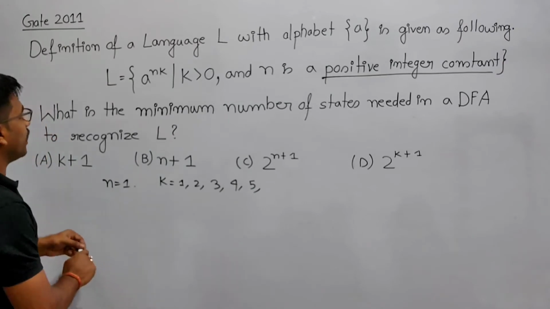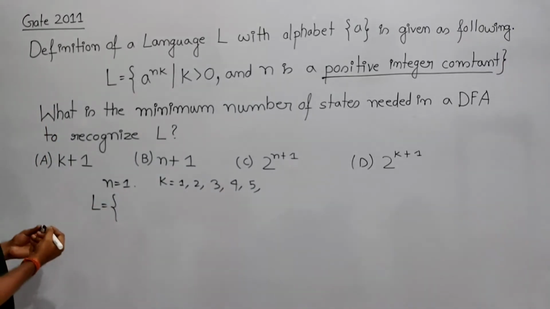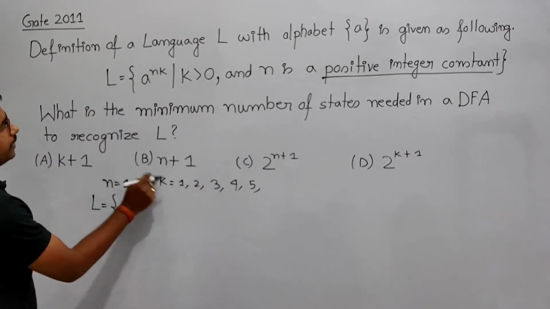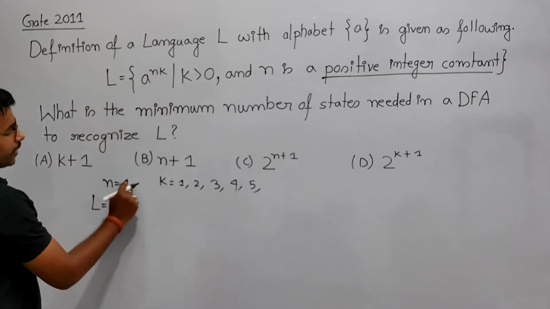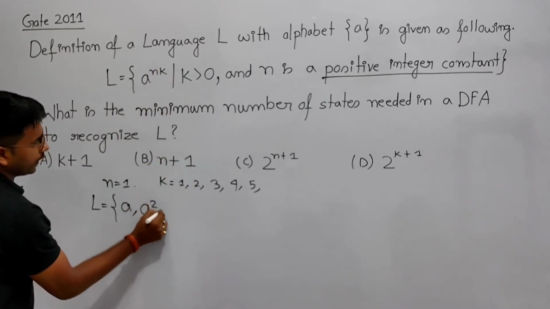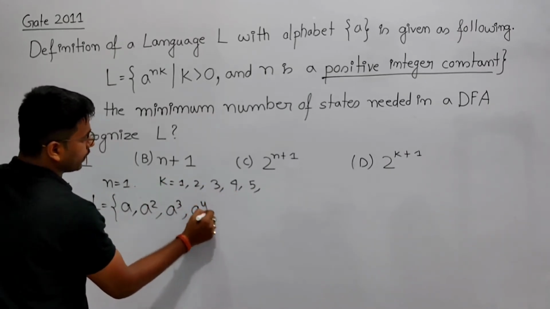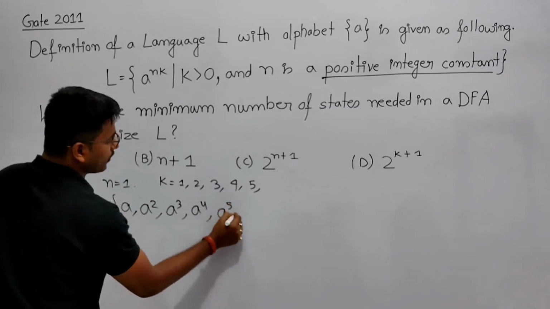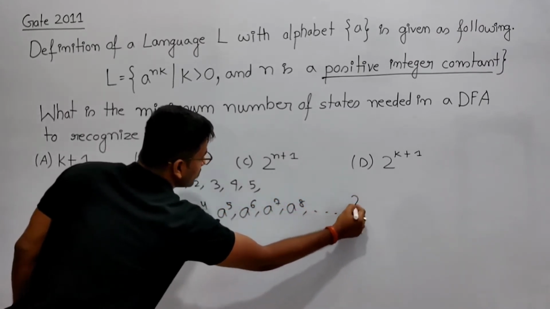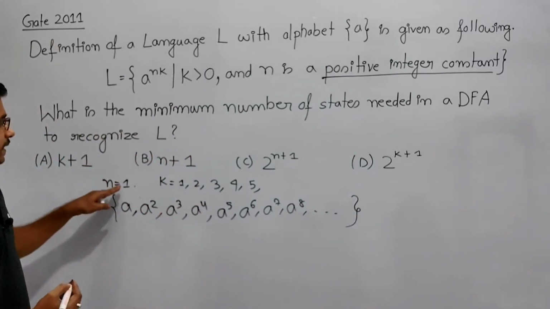Now if n is equal to 1, then the language is going to contain a^(1 into k): 1 into 1, a; 1 into 2, a2; 1 into 3, a3; 1 into 4, a4; 1 into 5, a5; similarly a6, a7, a8, like this. So this language is containing a, a2, a3, a4 when n is 1.